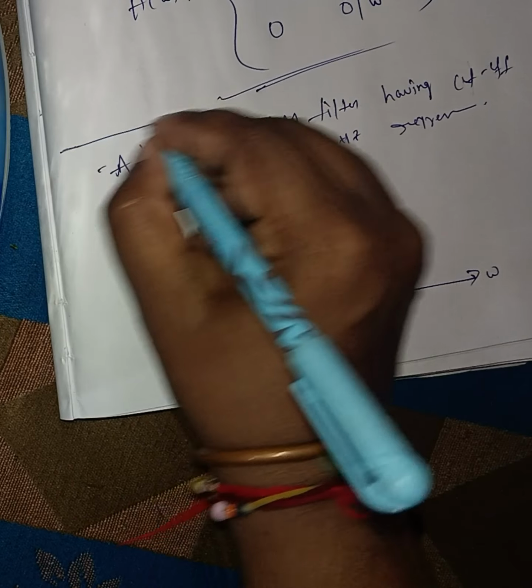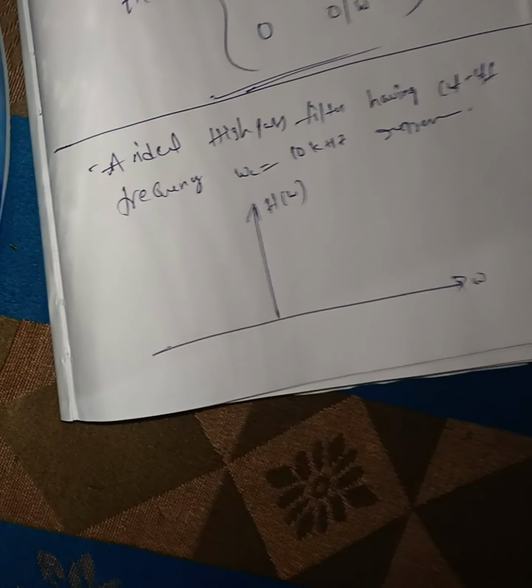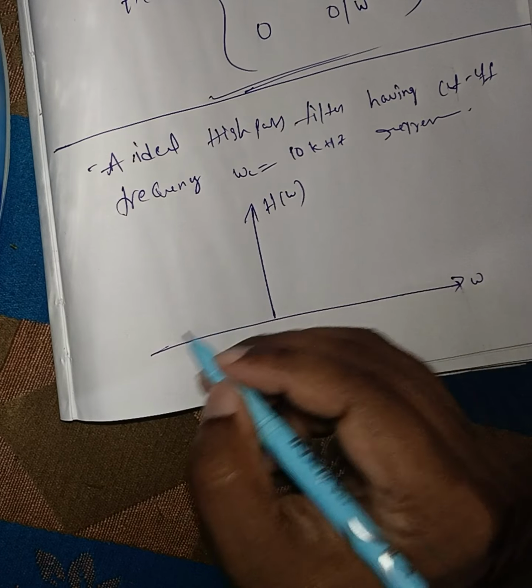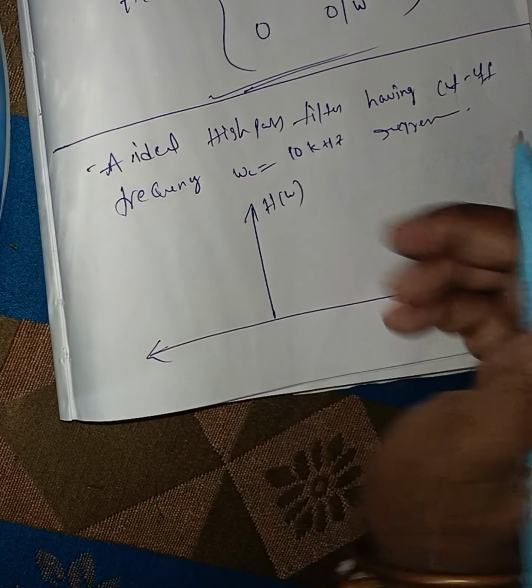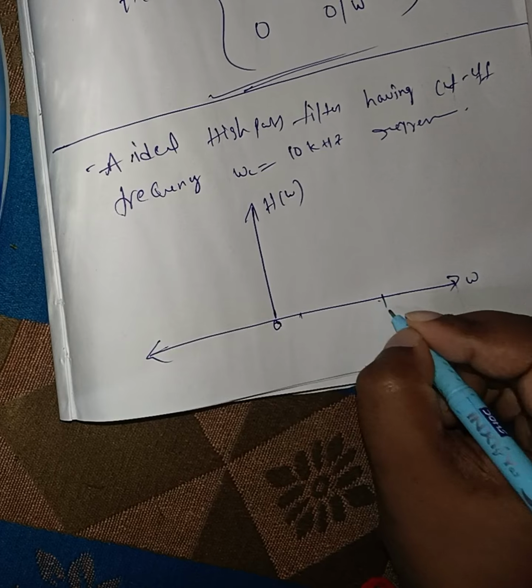You need not write this explanation in the answer; this is just for 2 marks, I'm explaining to you. So omega c is how much? 10. So 0, 1, 2, 3 like that, and I'll take 10 here.